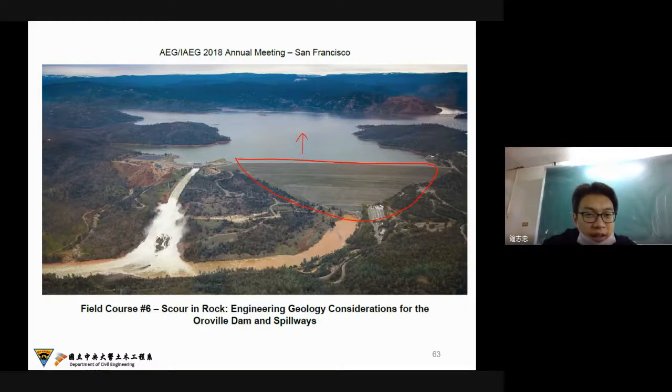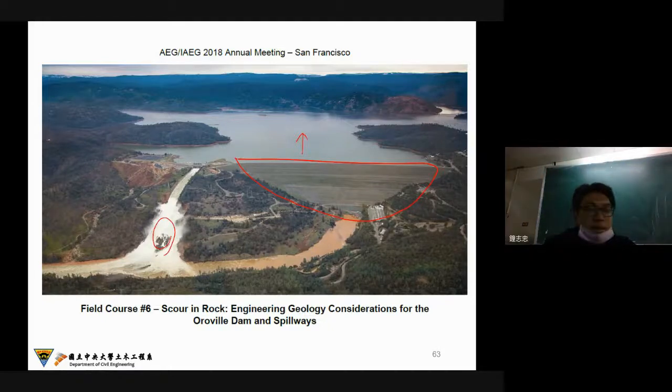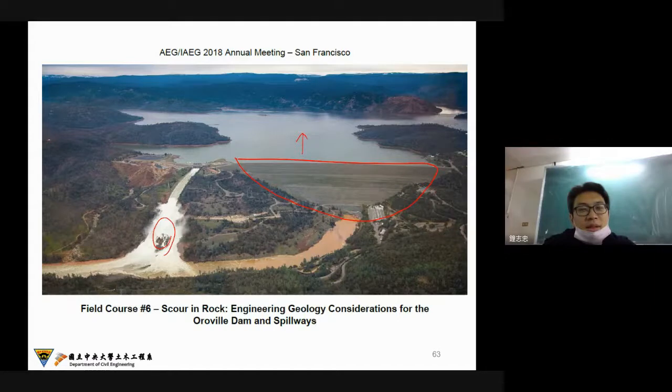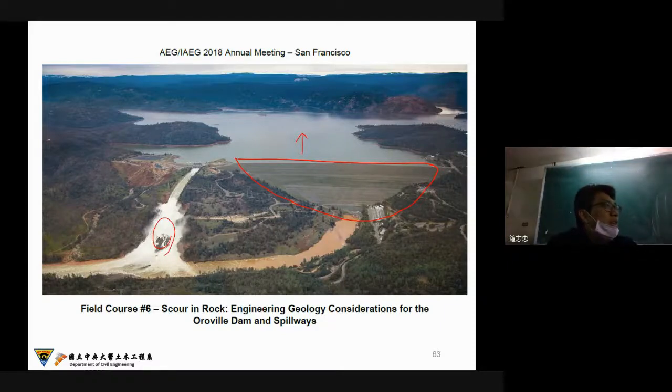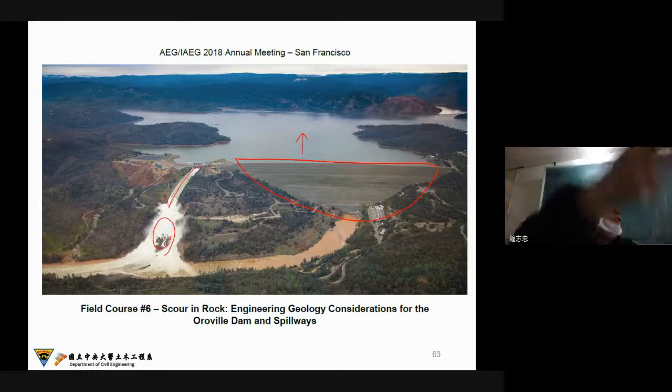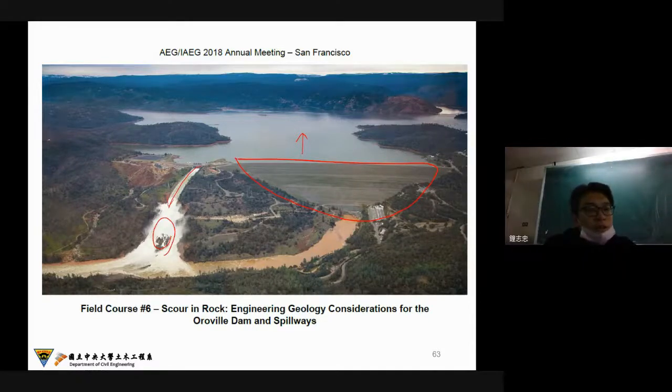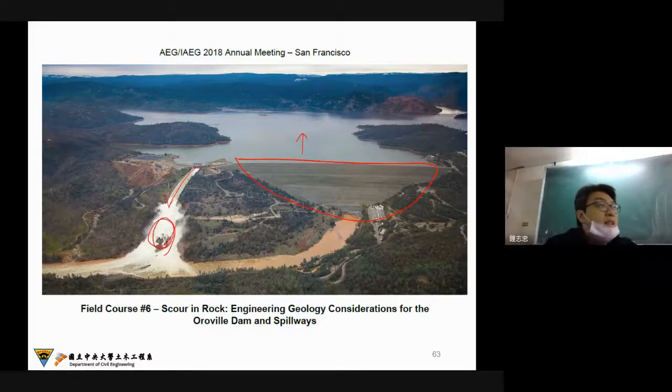But you can find here there's a problem, because from the finish of this construction till now, the spillway had been little used before. So when they tried to use the spillway to enlarge the flow to decrease the water level of the reservoir, unfortunately there was a big landslide in this area.